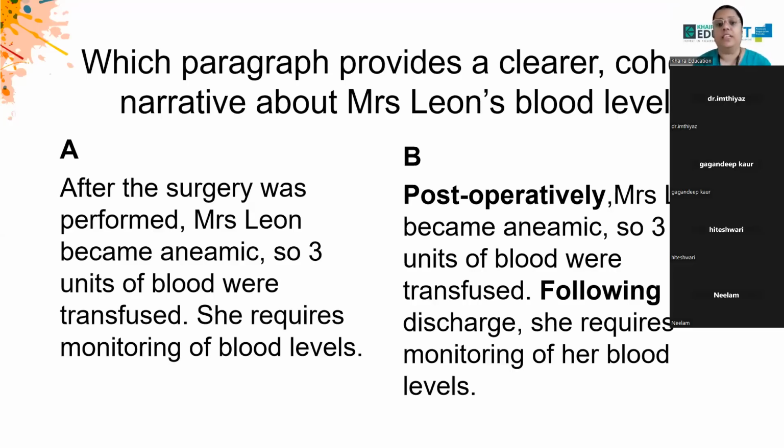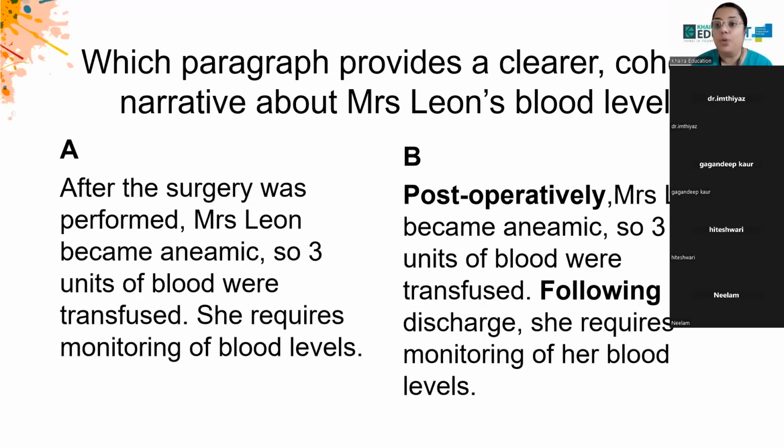Right. Absolutely. The right hand side one, column B, has more clarity for the reader because it has some guiding words which tell what happened at what time or under what circumstances.